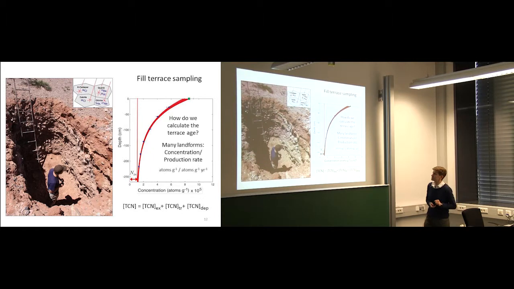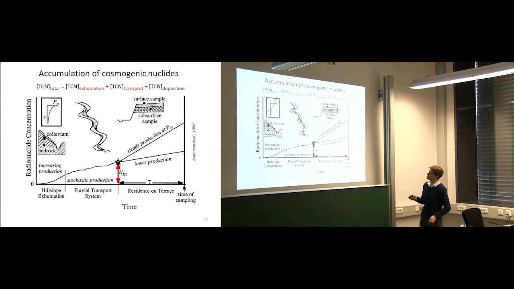So how would we do this for a terrace? Well, what we'd like to do is just collect a sample from the surface, divide it by the production rate, and get an age. But that would actually be wrong, okay? Because the problem with a terrace is, if we think about it, let's just go back one slide, actually. We didn't start with a zero concentration when all those sediments were deposited, right?